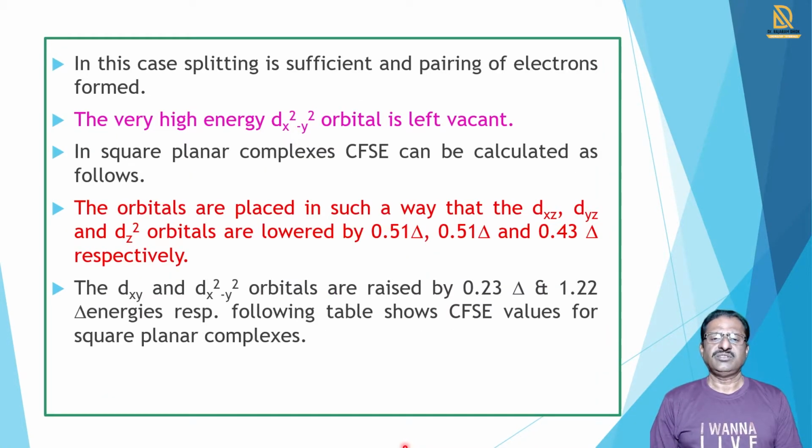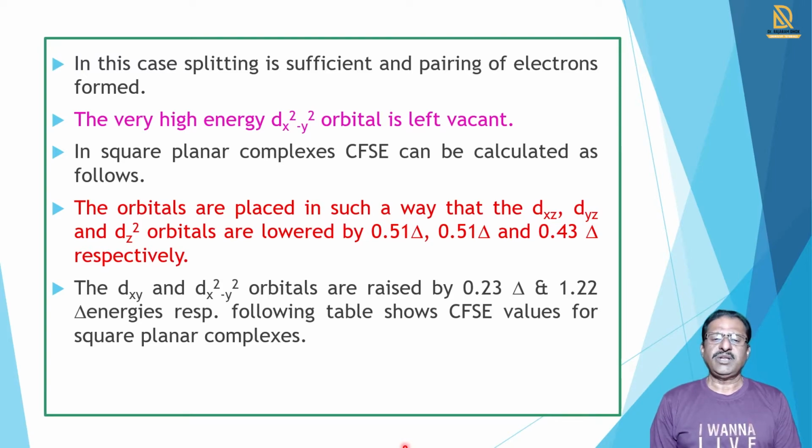In this case, splitting is sufficient and pairing of electrons occurs. The very high energy dx square minus y square orbital is left vacant or empty.